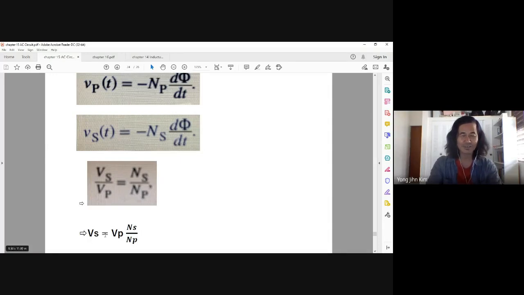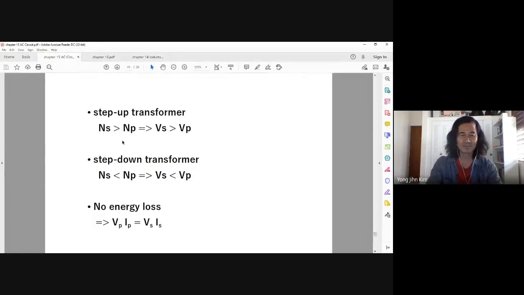Okay? So the secondary coil develops higher voltage. That is called a step-up transformer. Okay? So here, the secondary coil has more turns than the primary coil. Then voltage in the secondary coil is higher than voltage in the primary coil.